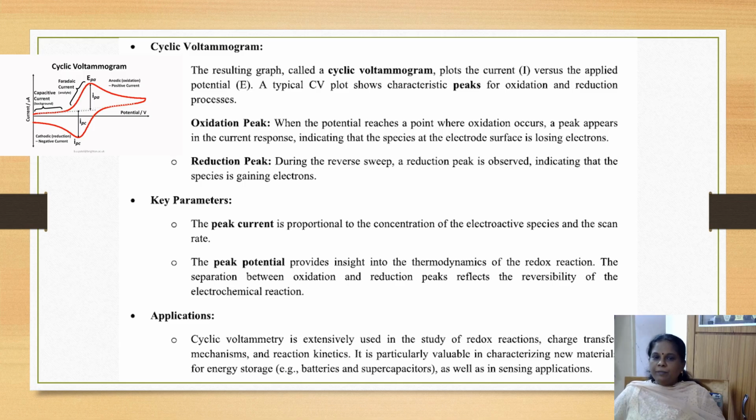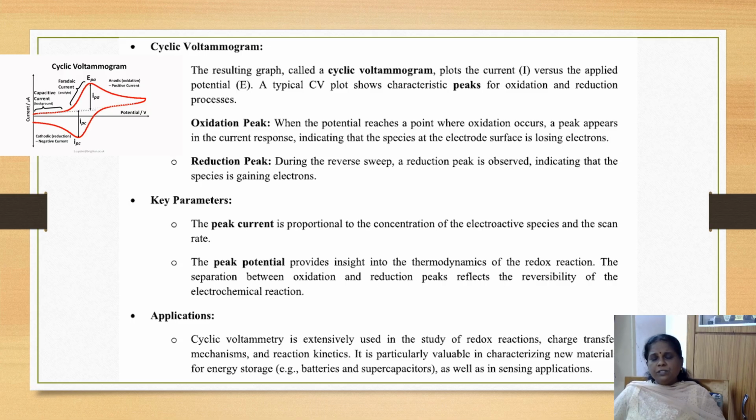And the key parameters of the CV: peak current is proportional to the concentration of electroactive species and the scan rate. The peak potential provides insights into the thermodynamics of the redox reactions. The separation between oxidation and reduction peaks reflects the reversibility of the electrochemical reaction.